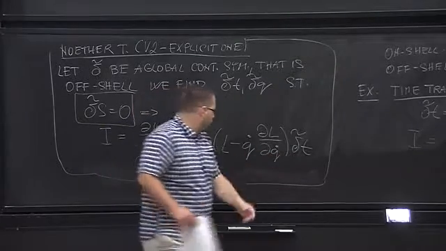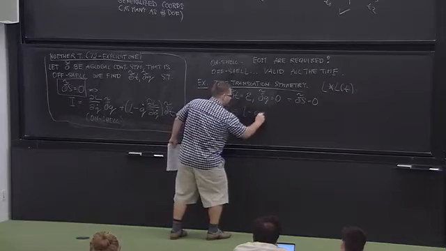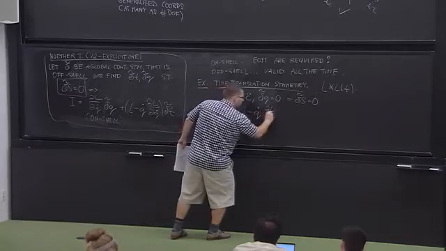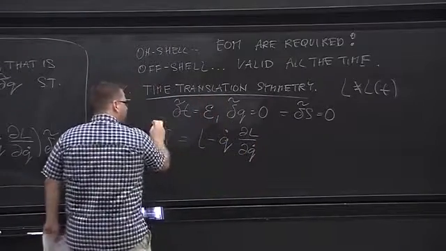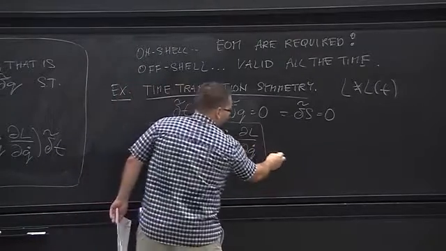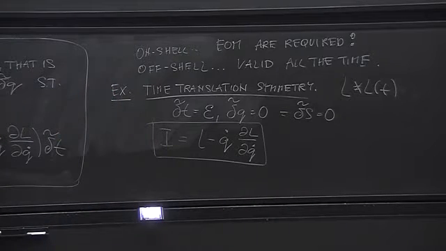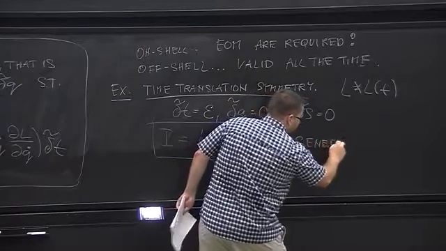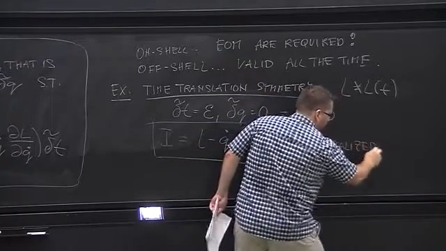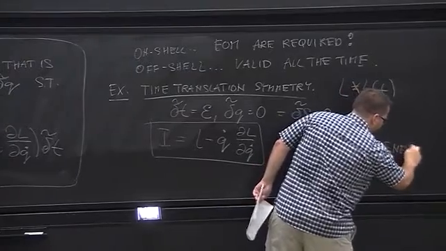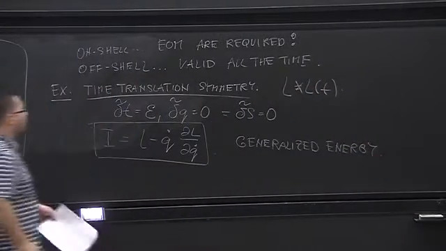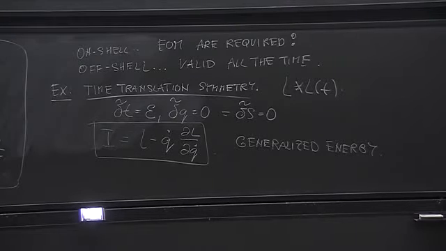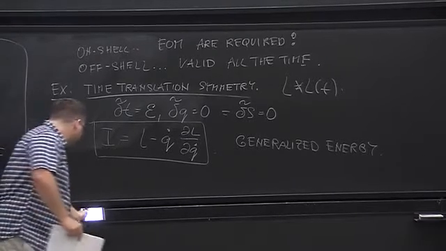I can have just this conserved quantity here: L minus q dot dL over dq dot. And that's your conserved quantity. Because you have time translation symmetry, you intuitively understand that if nothing depends on time, there should be conserved energy. So this is generalized energy, or energy. So that's the first example. The second example is even simpler.